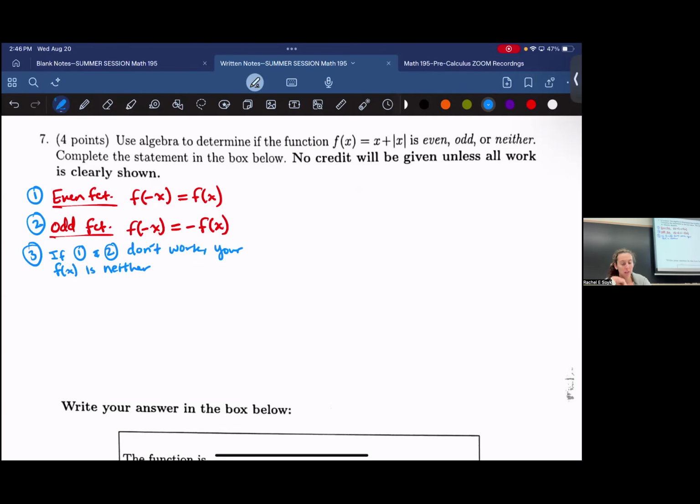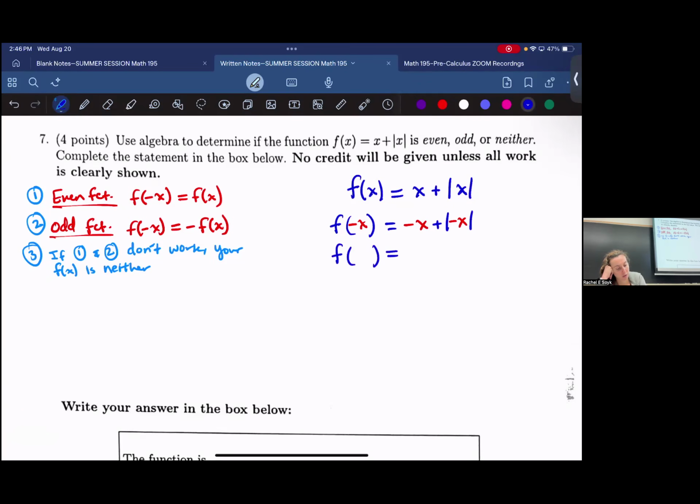So let's proceed with the steps. Our original function is x plus the absolute value of x. And so for f of negative x, wherever you see an x, you're just going to put in a negative, and then you're going to simplify. So we get f of negative x is equal to negative x plus the absolute value of negative x, which is just positive x.